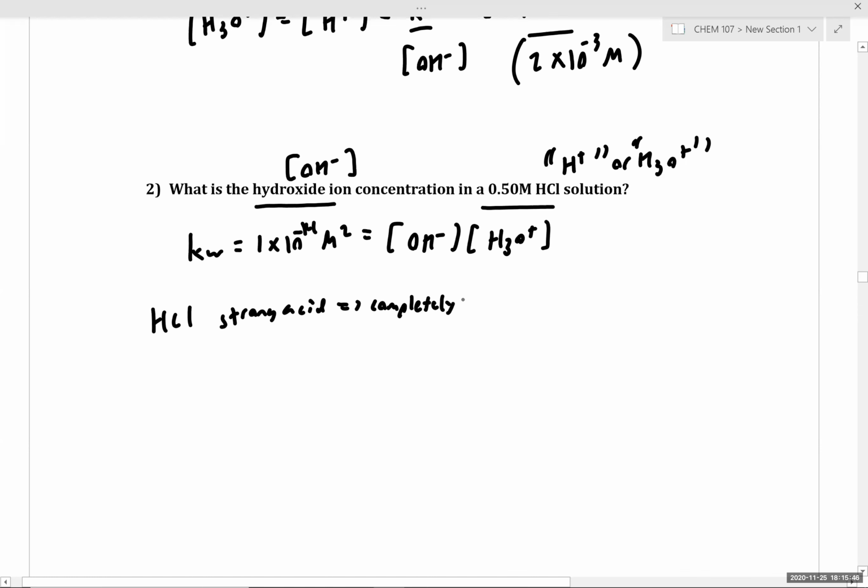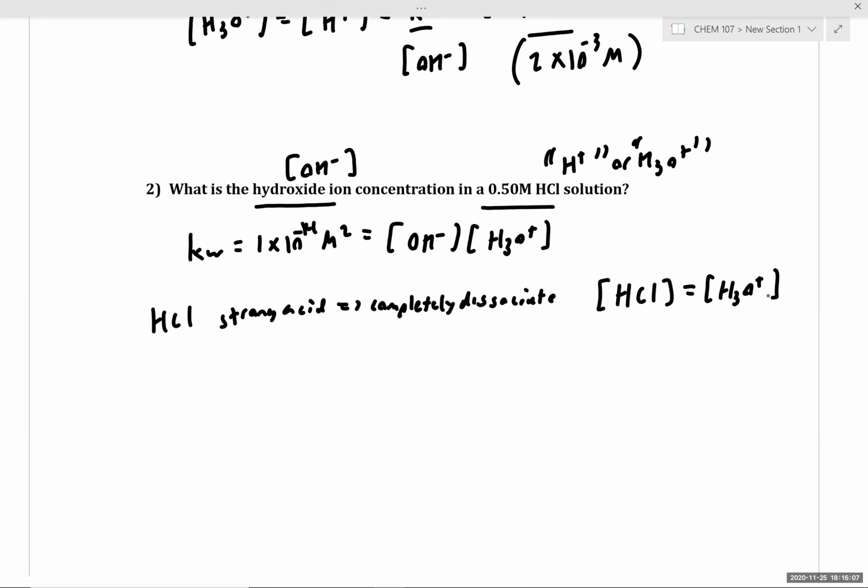Because of that, the concentration of hydrochloric acid is equal to the concentration of H3O plus. All of our hydrochloric acid is dissociating to make H plus, and by virtue of that, H3O plus in solution. So we know then that the concentration of H3O plus is 0.5 molar.